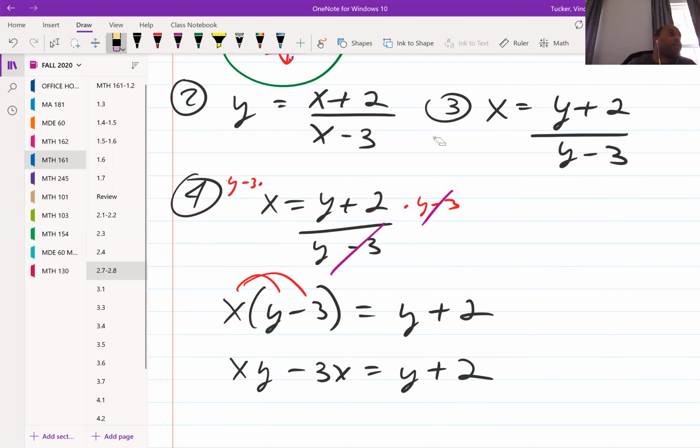Now I have y that's in two different places. I need to get all of my terms with y on one side, all of my terms without y to the other side.